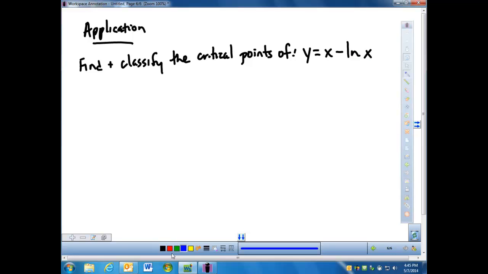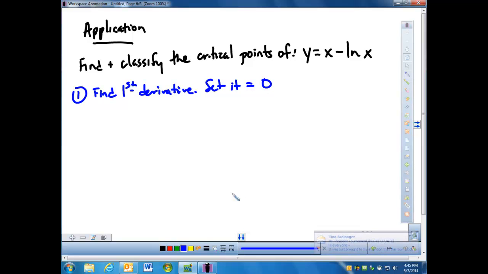Alright, step 1. Find the first derivative and set that first derivative equal to 0. Again, if you want to press pause and see if you can do that, go for it. So my first derivative is 1 minus 1 over x. Set that equal to 0.